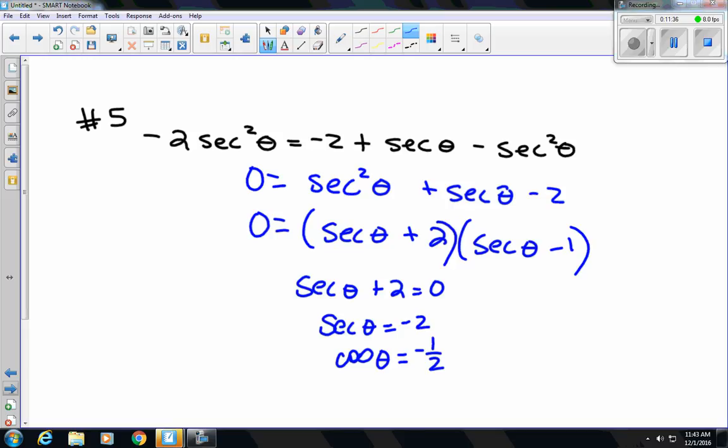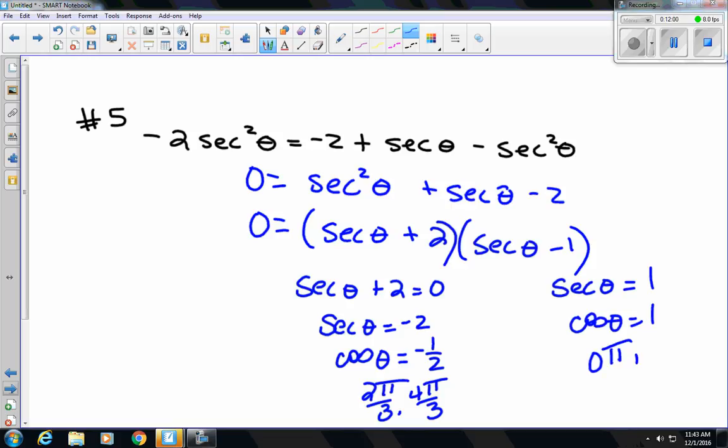So I need to go to the second and third quadrant with my 60-degree angles. 2 pi over 3 and 4 pi over 3. And then secant of theta equals 1, which is the same as cosine of theta equals 1. And that's 0. Anything else? No. Just 0.